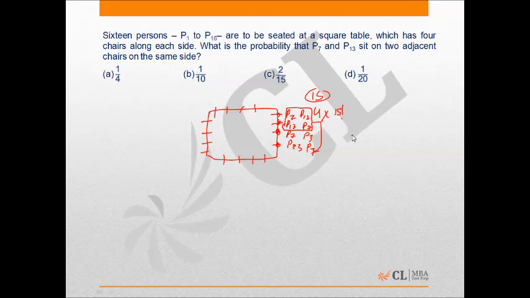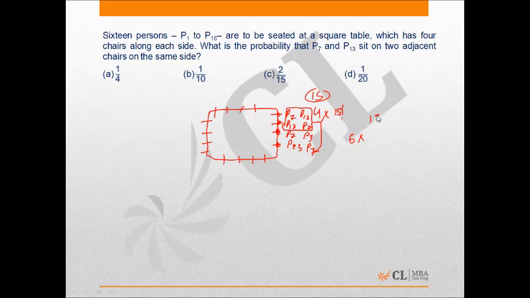In that case, there are 16 persons and they are to sit around a table having 16 chairs with 4 chairs along each side, where we have calculated that two persons can sit adjacent to each other along the same side of the table in 6 ways.